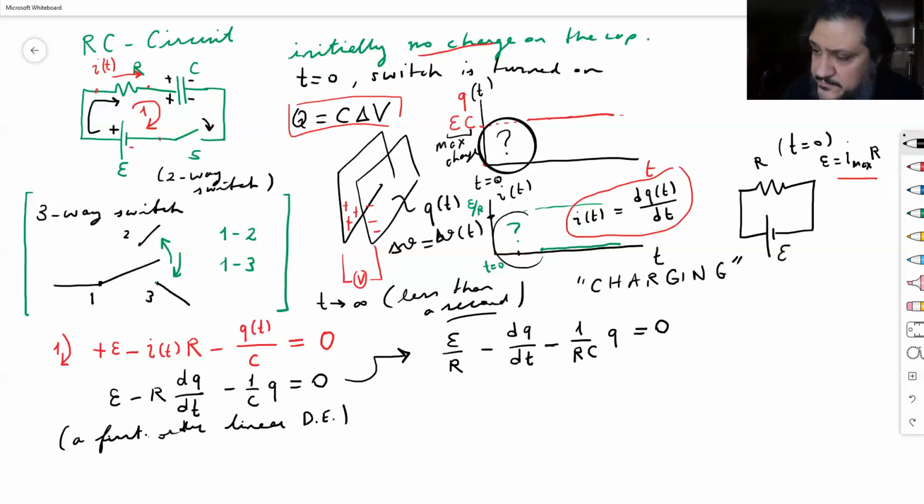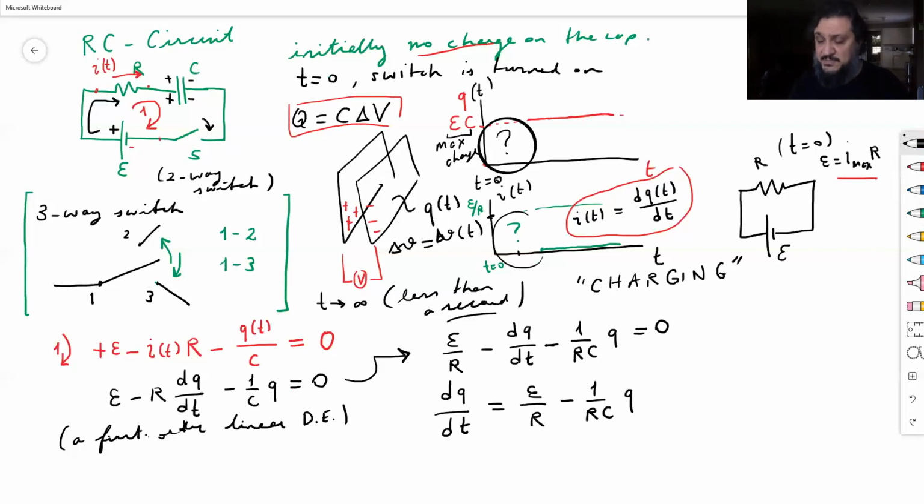And let me move that dq by dt to the other side. So I have something like this: dq by dt equals E over R minus 1 over RC Q.